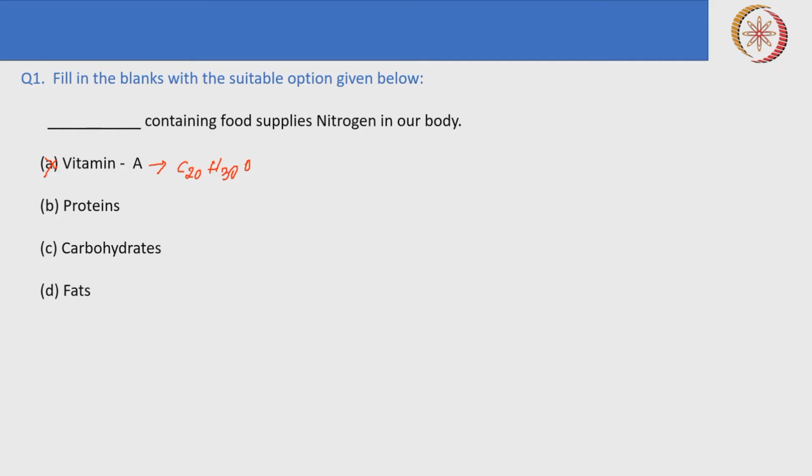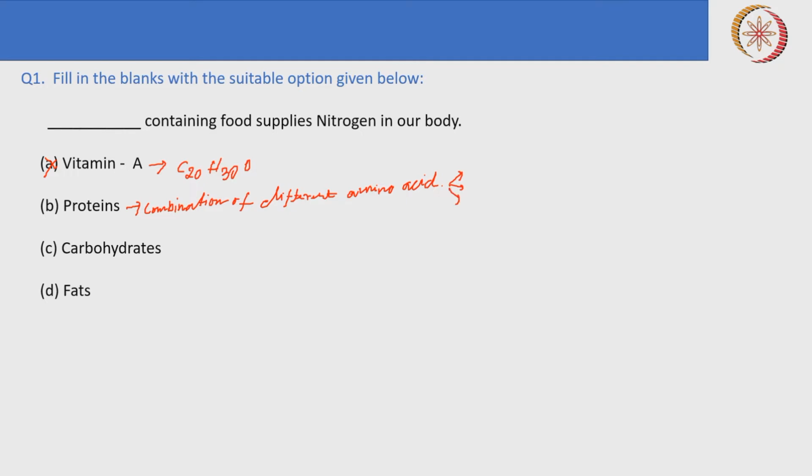Now proteins. Proteins are basically a combination of different amino acids.